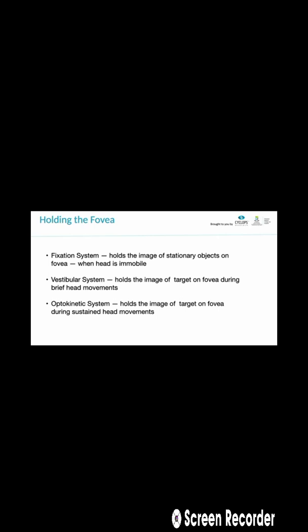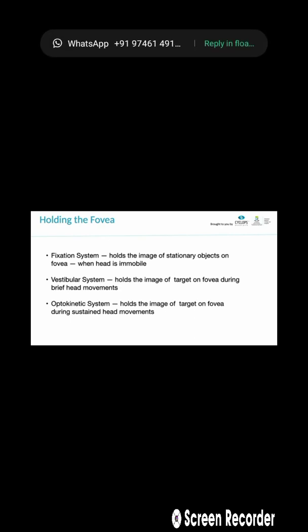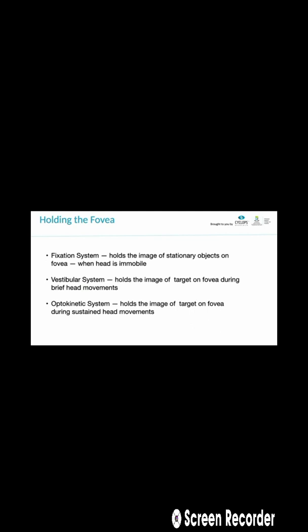The vestibular system holds the image of the target on the fovea during brief head movements. If the head is moved with high frequency for a very short time, then the vestibular system comes into play. Next is the optokinetic system.